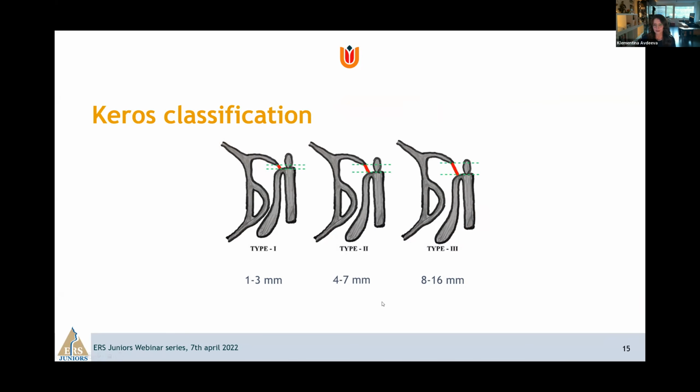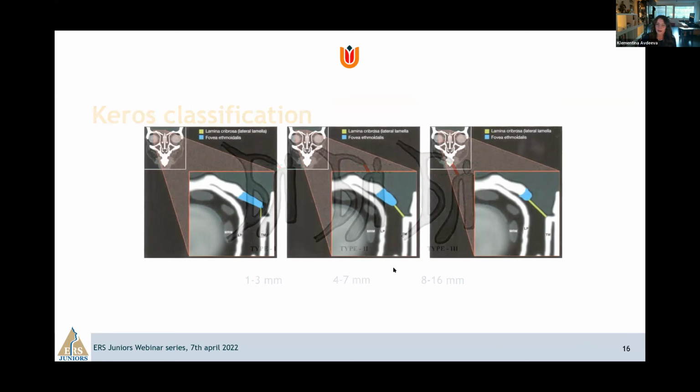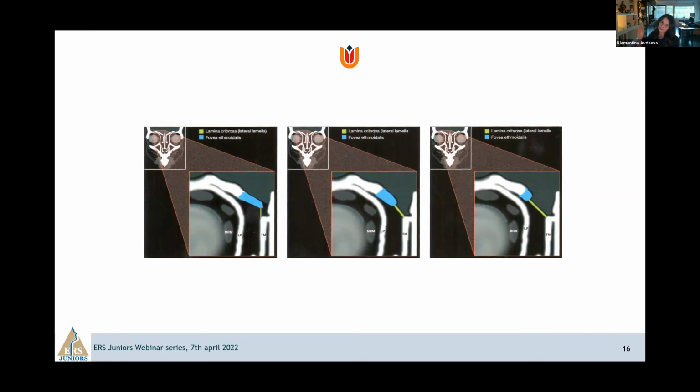And type 2, between 4 and 7 millimeters, is the most common. However, apart from length, what's also important is its slope. When it runs vertically, like here, while you're performing anterior ethmoidectomy, it's actually really hard to accidentally poke through the lateral lamella. However, when it has a certain slope, that becomes easier. So this situation is way more dangerous than that.